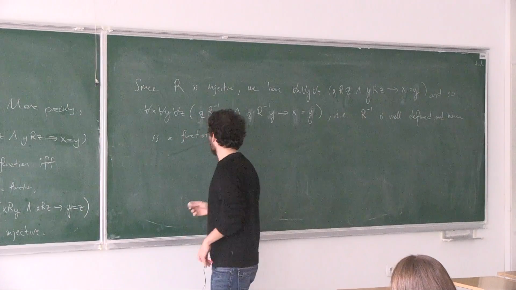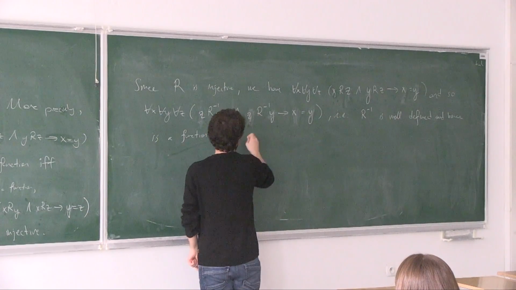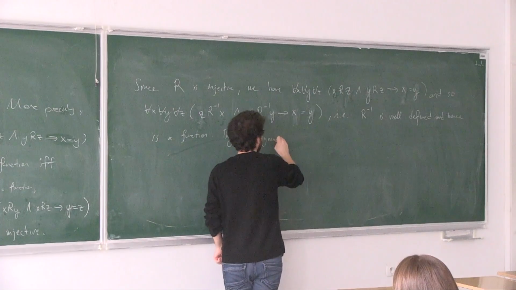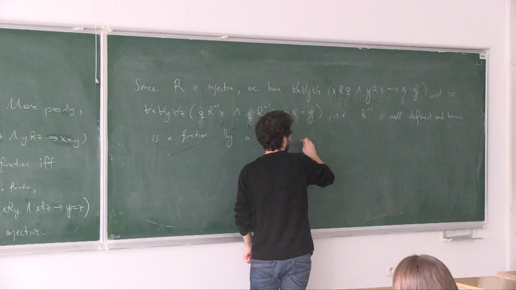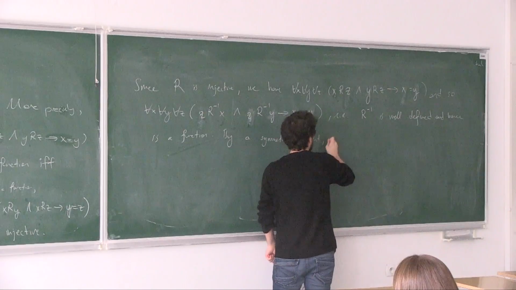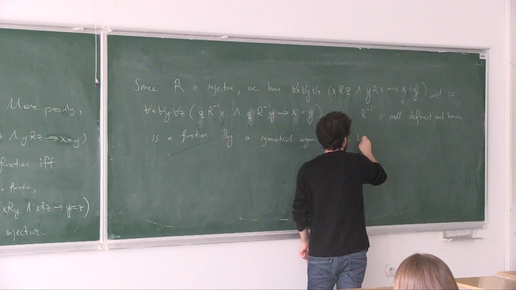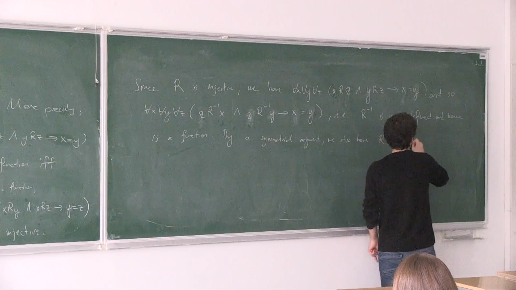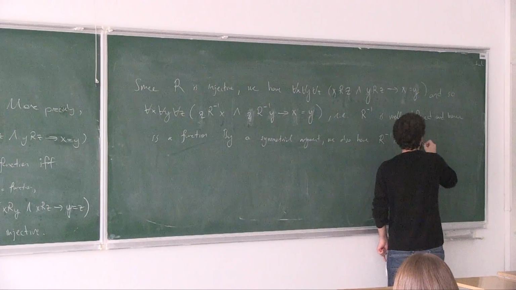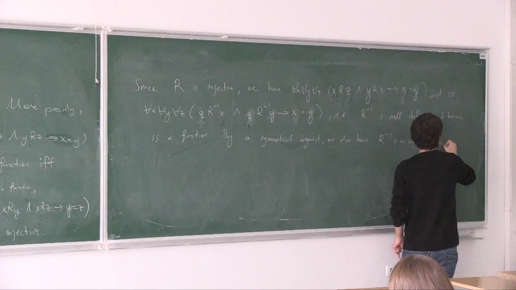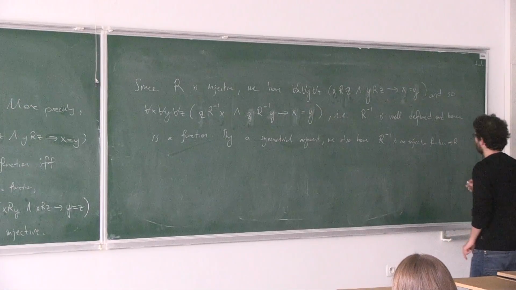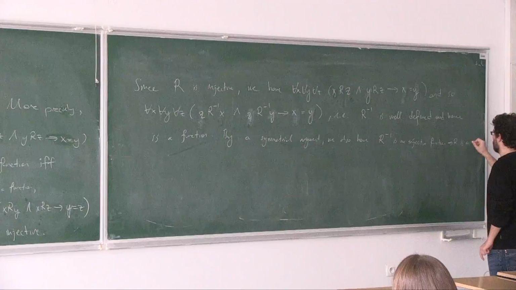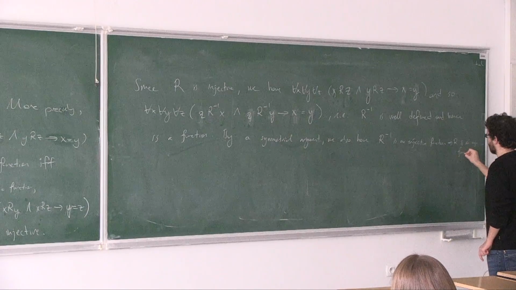Now do the symmetrical argument. By a symmetrical argument, which I'm not going to do, obviously, we also have that if R inverse is an injective function, then so is R. Okay?